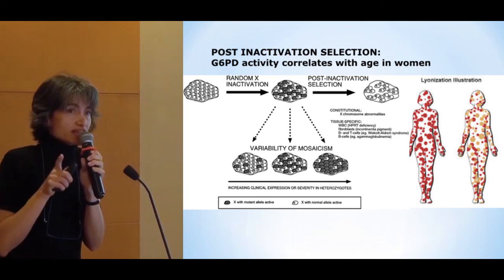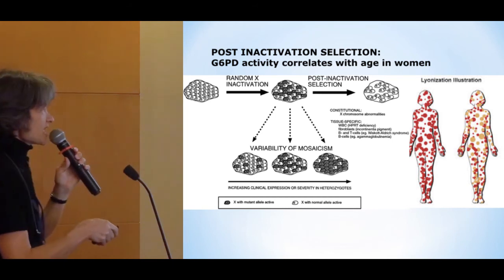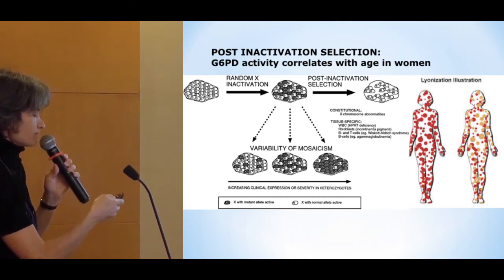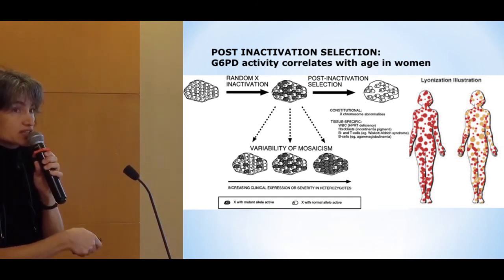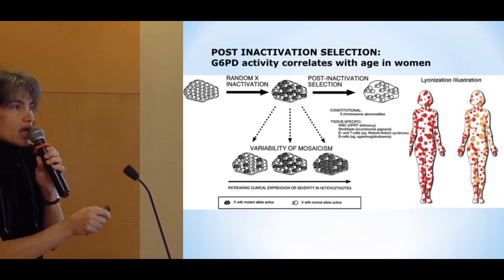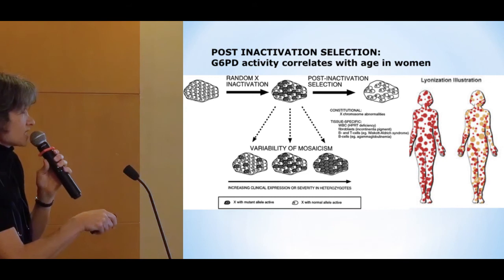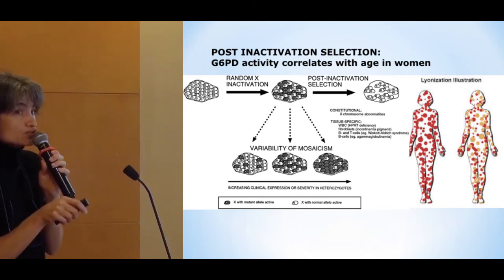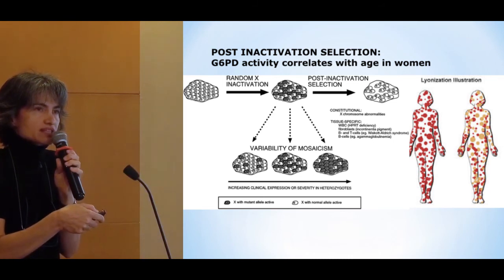But this is not the end of the story, because after that, in case of the enzymatic deficiency that we are talking about, if you remember, I told you that the erythrocytes are particularly sensitive to oxidative stress.